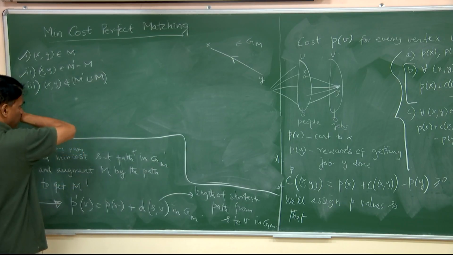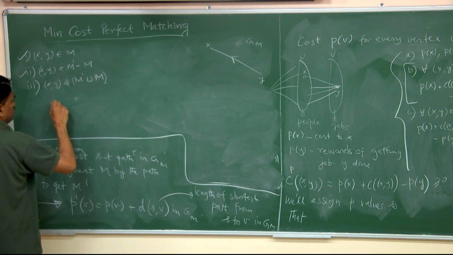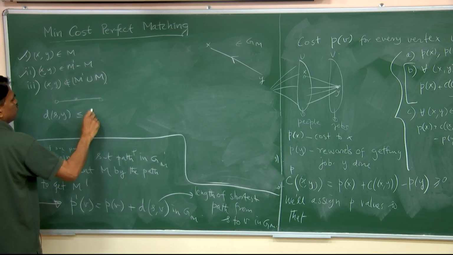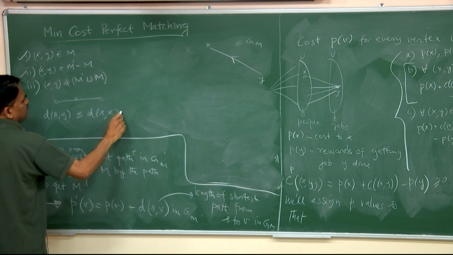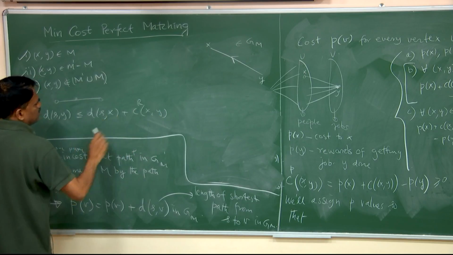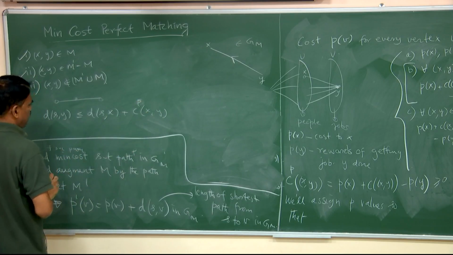So dsy is less than or equal to dsx plus cxy in the reduced path.